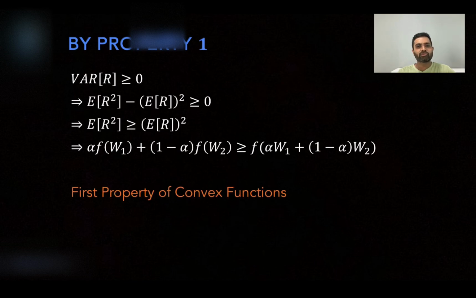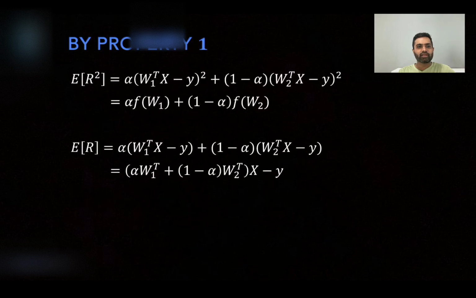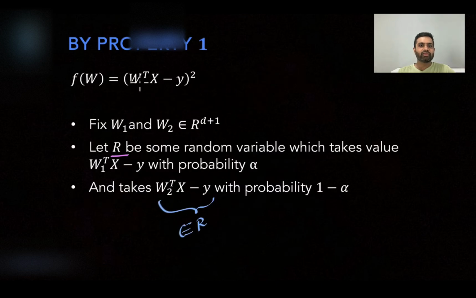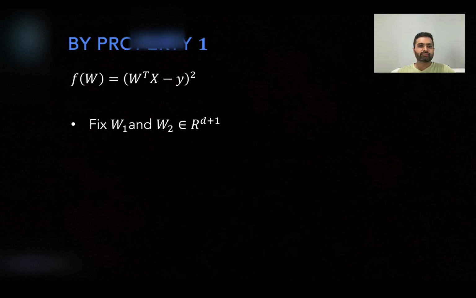So what we have proved, for any fixed w1 and w2, and for any alpha in 0 and 1, is that this inequality is satisfied. And by definition, f is just the squared error consisting only of one x. So this particular function that we have defined in terms of f, which is w transpose x minus y whole square, is a convex function.